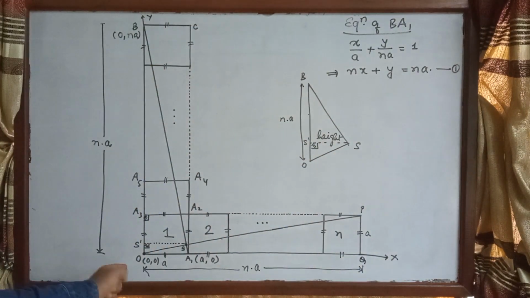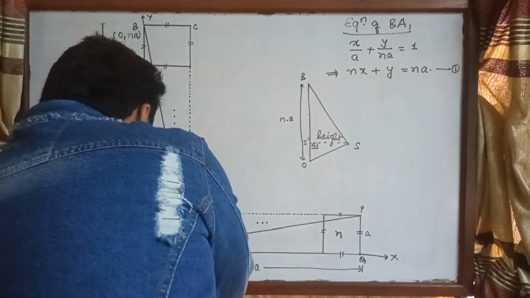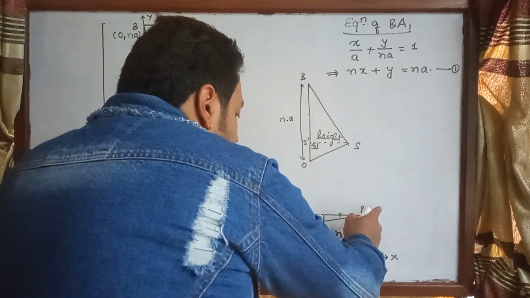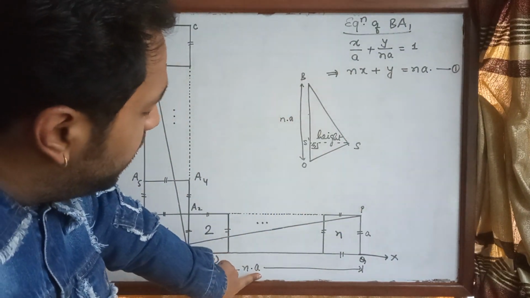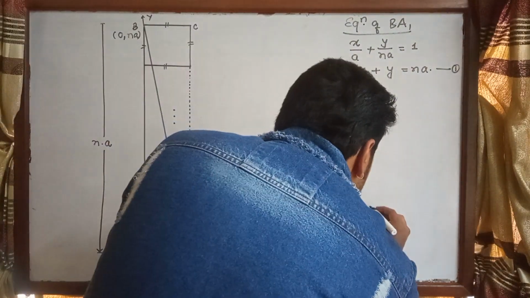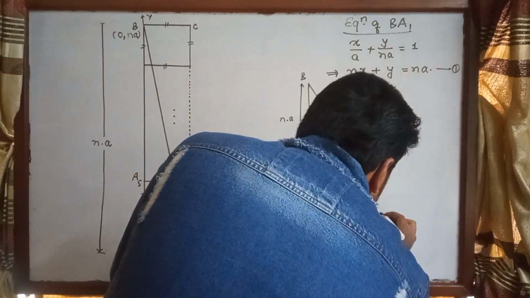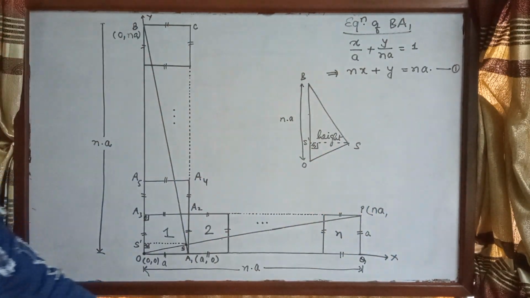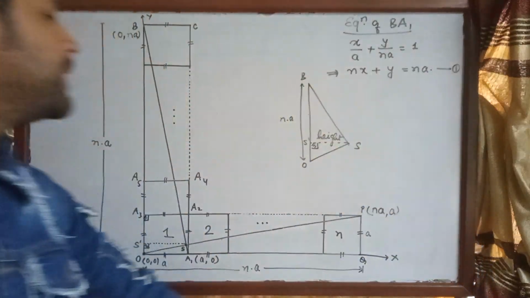We're going to obtain the coordinates of P by looking at these lengths, which are na and a. So the x coordinate is na, and the y coordinate is a.